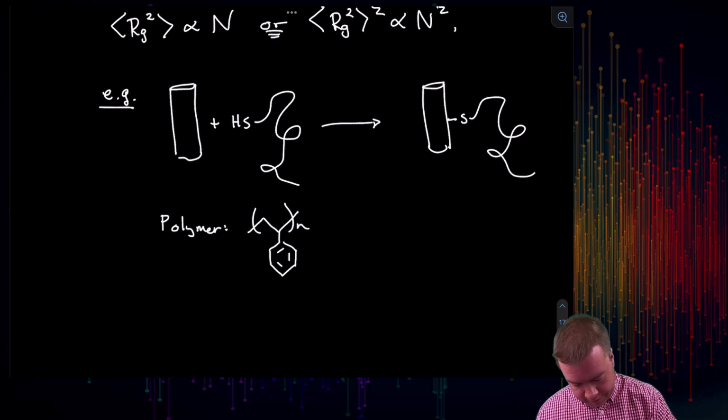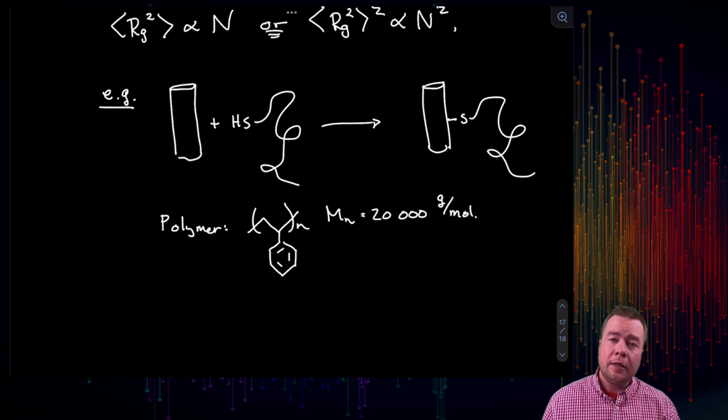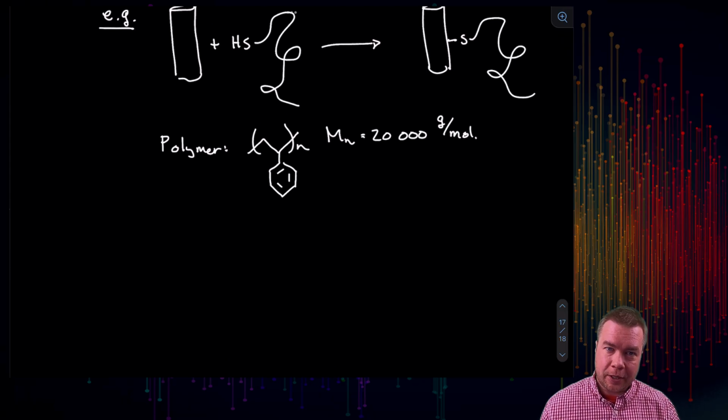And the molecular weights that I typically worked with were 20,000 grams per mole. Okay, so even after 10 years, I got my PhD 10 years ago, I still remember what the molecular weight is of that polymer.